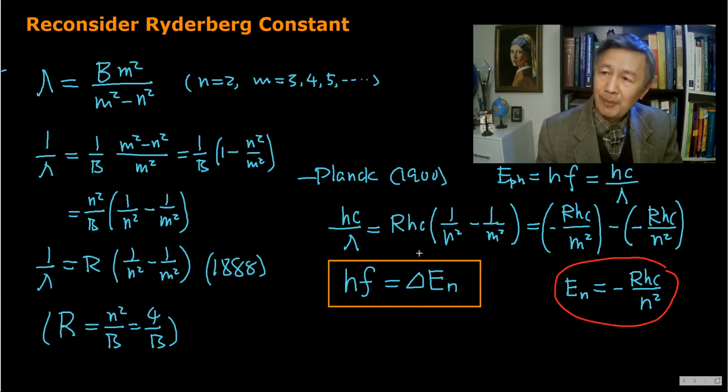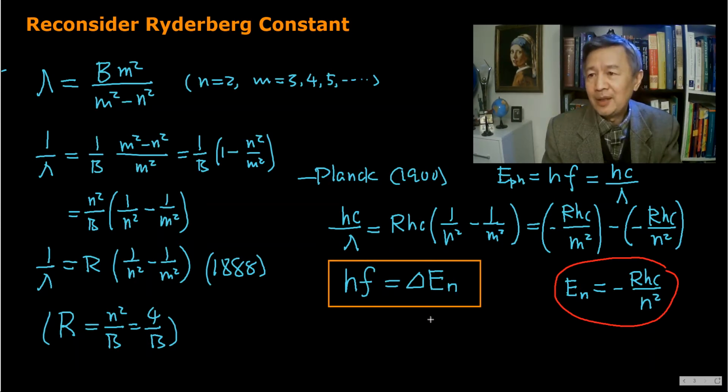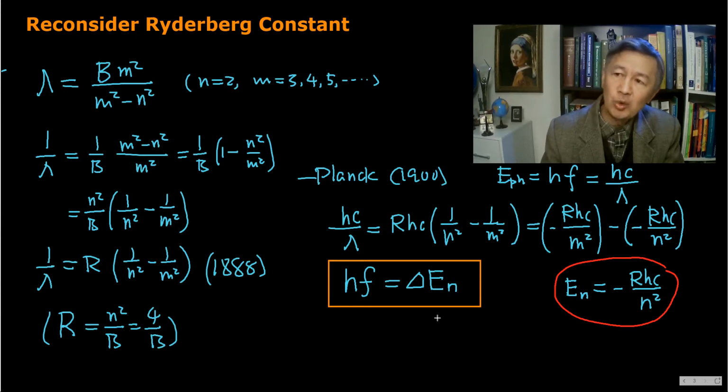It is also important to notice that this formula shows that it is more important to find the formula of the total energy of the hydrogen atom than to work out its orbit in terms of Niels Bohr's atomic model.